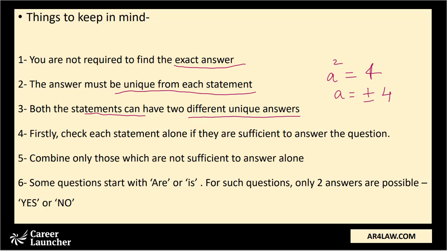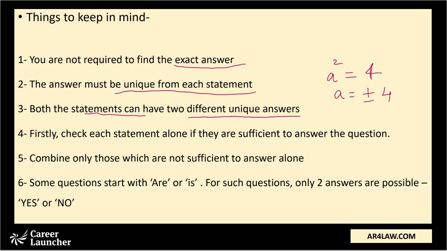No, because a can be plus 2 and a can be minus 2. So there is an ambiguity in the answer, and this cannot be taken as a unique answer. When I say unique, that means only one value. We are only looking for one particular answer. And it is not necessary that both the statements give us the same answer. They can have two different unique answers.